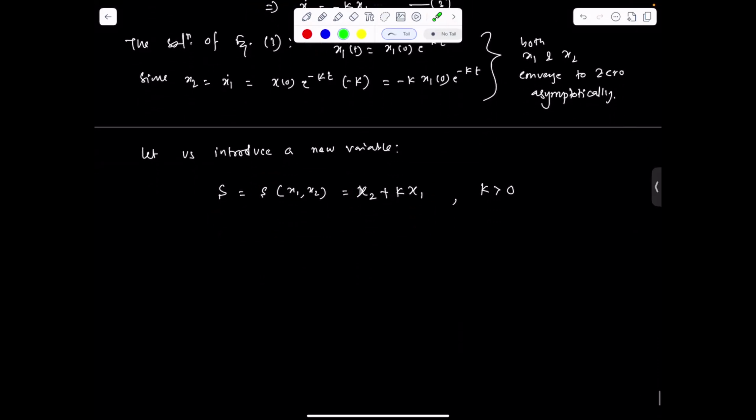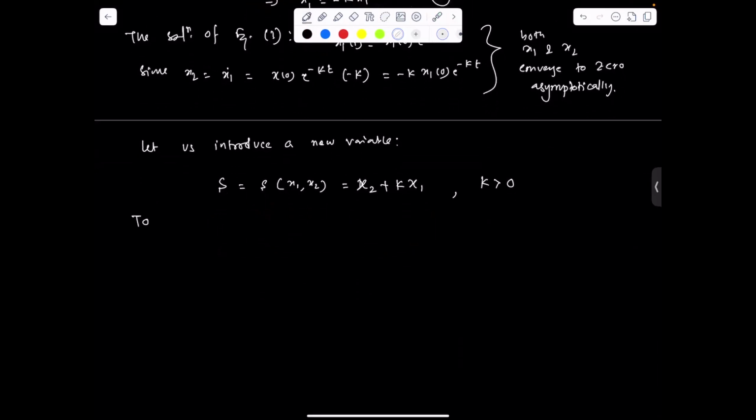So here our motivation is to achieve, as t tends to infinity, x1 and x2 equal to 0 with a given convergence rate.